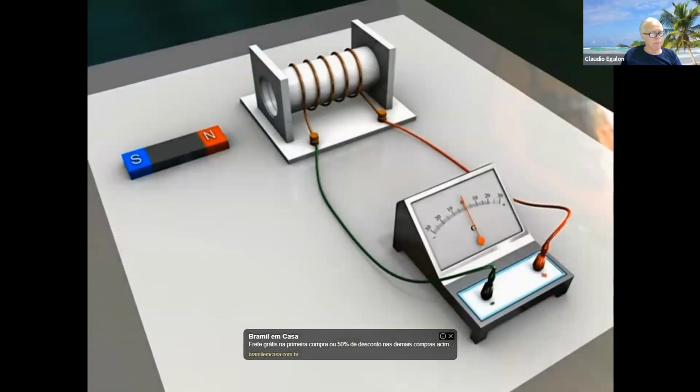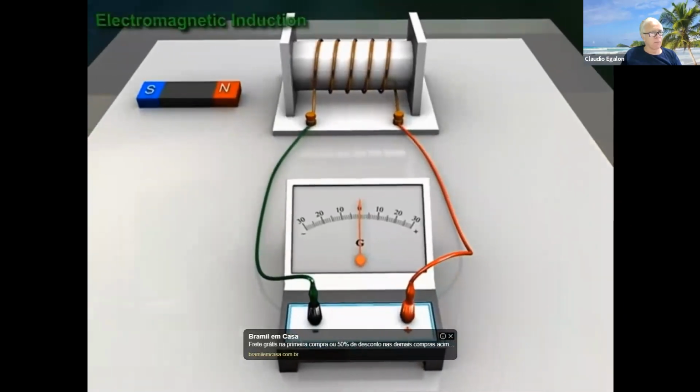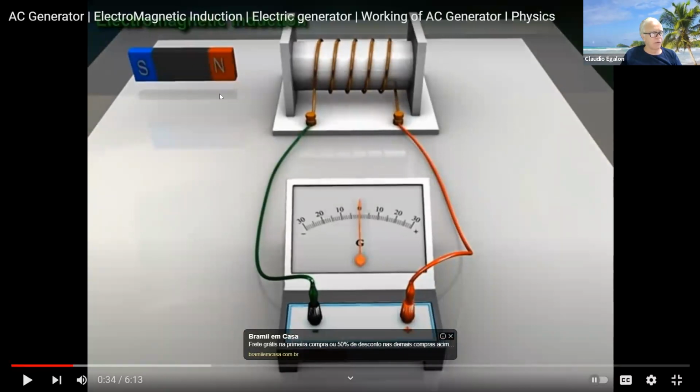An AC generator works on the principle of electromagnetic induction. You can do electromagnetic induction with a magnet. You can do electromagnetic induction with a current that changes in time. You can do electromagnetic induction with a circuit that rotates. We're going to go through that.